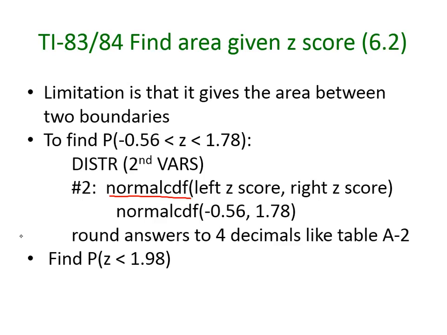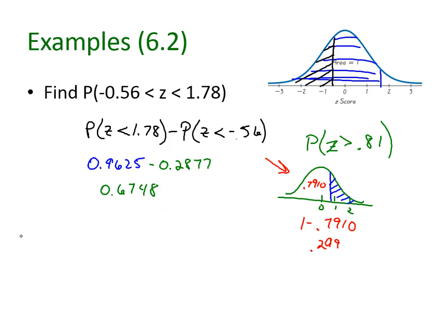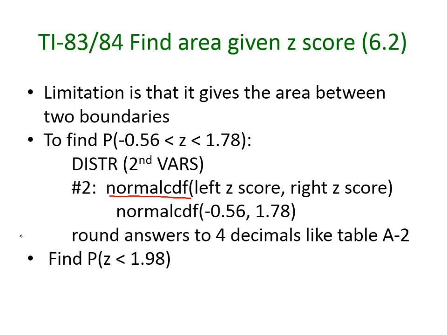And as you hit enter, we should get the same answer we had a second ago, which was the 0.6748. So if we do the normal distribution, putting in your leftmost value, which is the negative 0.56, your rightmost value, which was the 1.78, it's going to give us the 0.674722, and it keeps going.